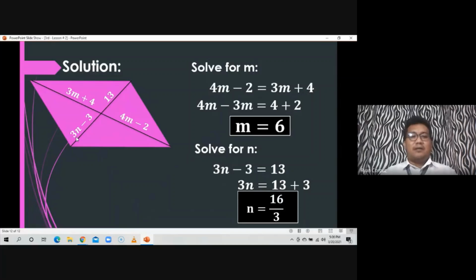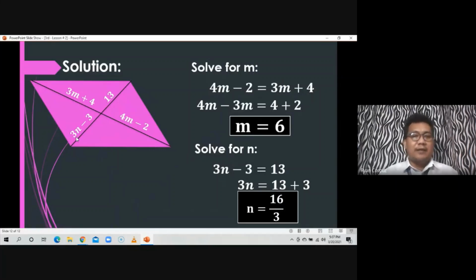So, in this example, in order for us to solve it, ang kinailangan lang natin is to apply a property, property number 4 in parallelogram, which states that diagonals of a parallelogram bisect each other. So, any questions?